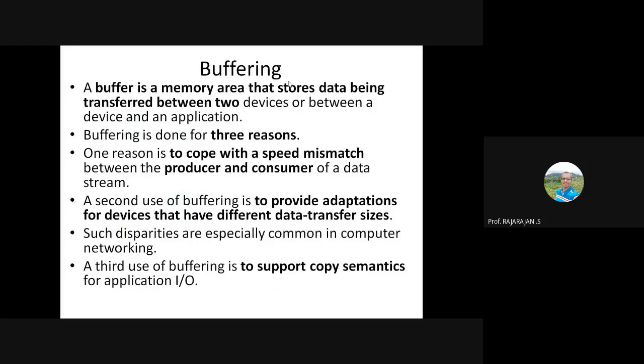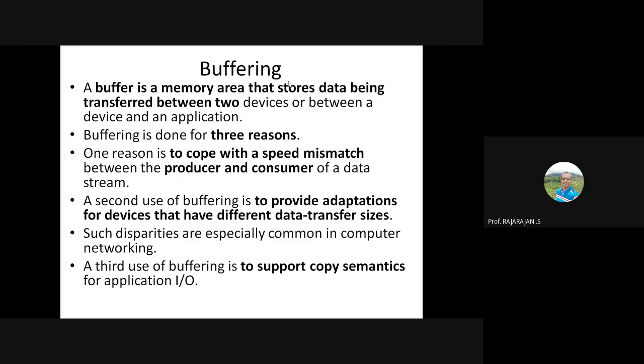Secondly, buffering. Buffering is a memory area that stores data being transferred between two devices. For example, if you have connected your printer to your computer, and you are giving some Word document to print, what happens is that after you press the print button, the data that needs to be printed does not directly go to the printer.